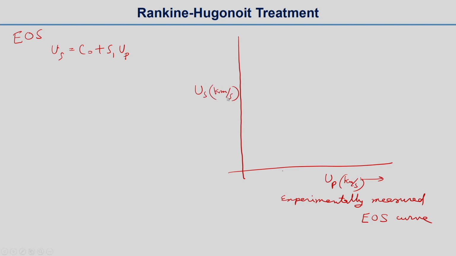So, if you keep like this, this is 0.4, 0.8, 1.2, 1.6, 2.0, and here if we have 2, 4, 6, 8, 10.